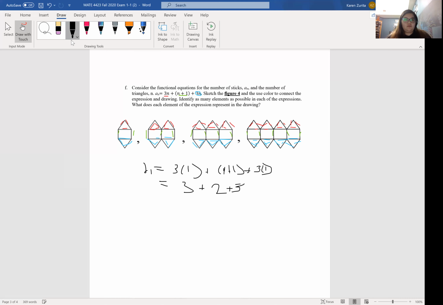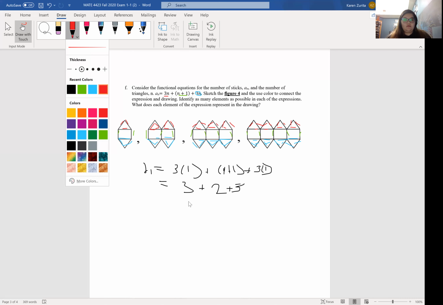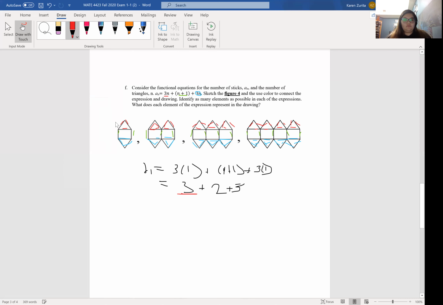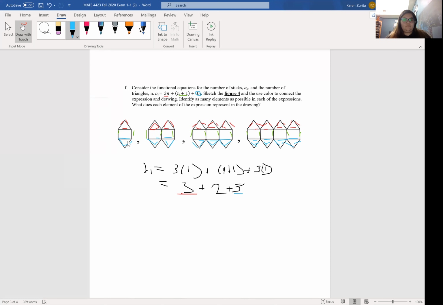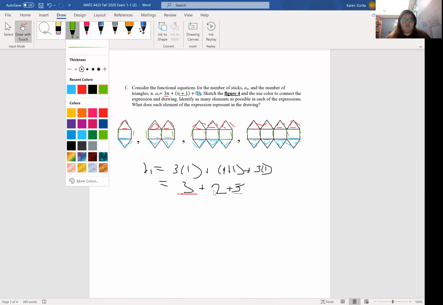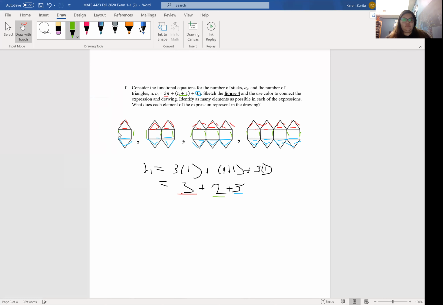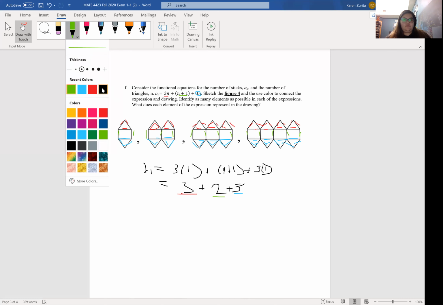So this 3 is going to represent the red ones, the 3 on top. This 3 is going to represent the ones on the bottom, on that picture. And these 2 are going to represent the 2 lines that it takes to connect the 2 triangles. And then we can do that for the rest of them.